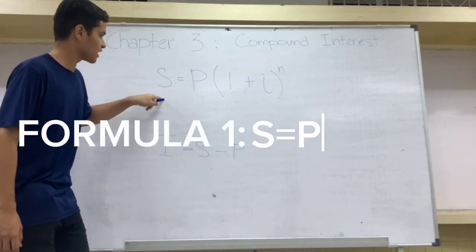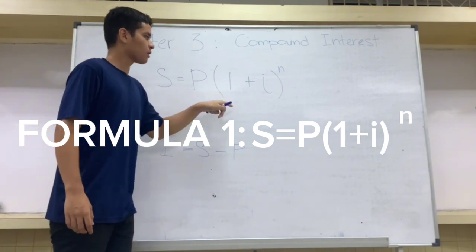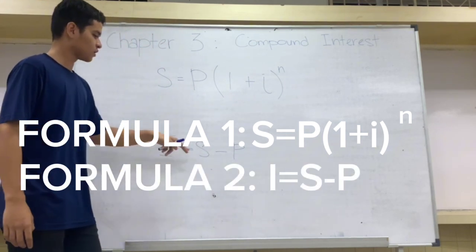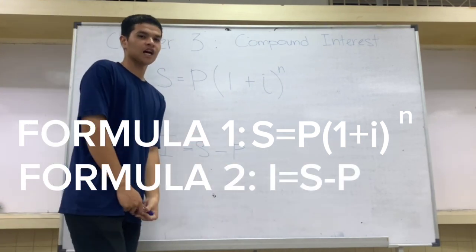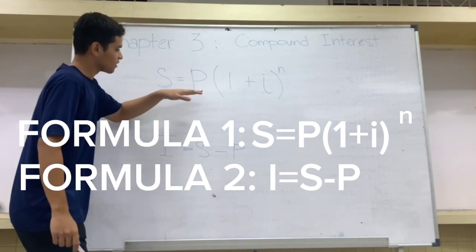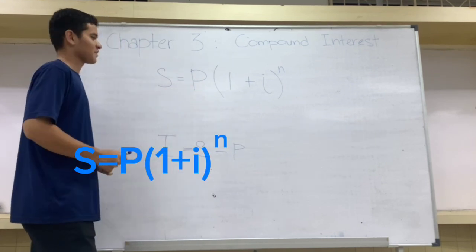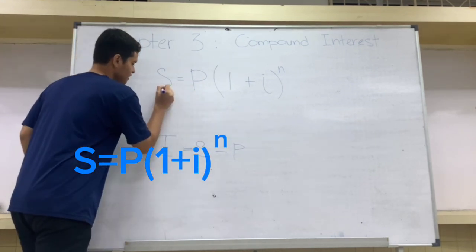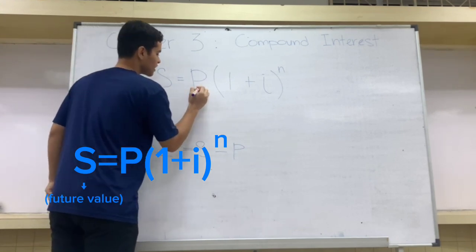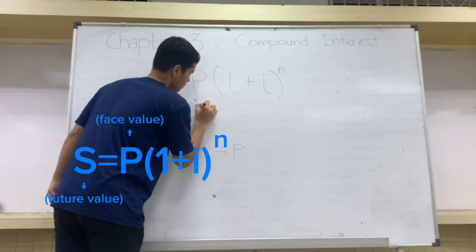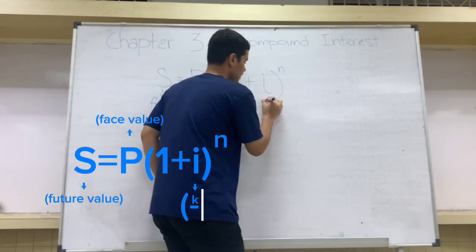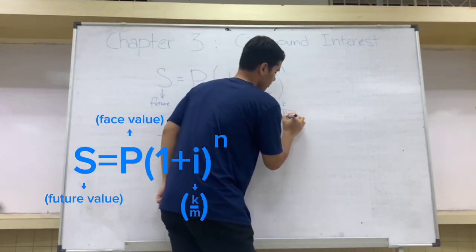It is S equal to P(1 + i)^n, and another one is I equal to S minus P. I will explain the formula 1. What is S? S is future value and P is the first value, while i is k per m.